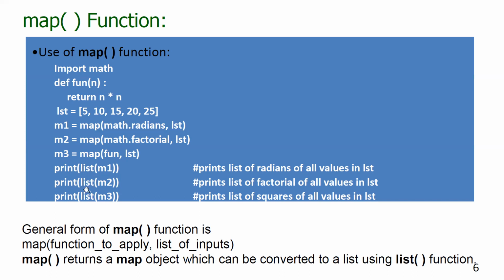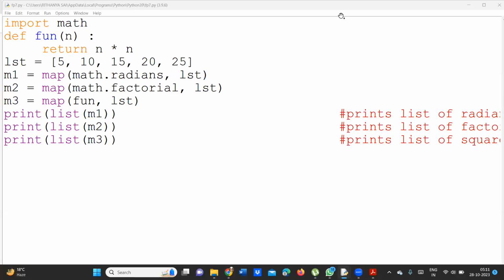So in this program, the function is applied to each and every element of the list, and we are calculating the radians, the factorial and the square root of the list. We can run this program.